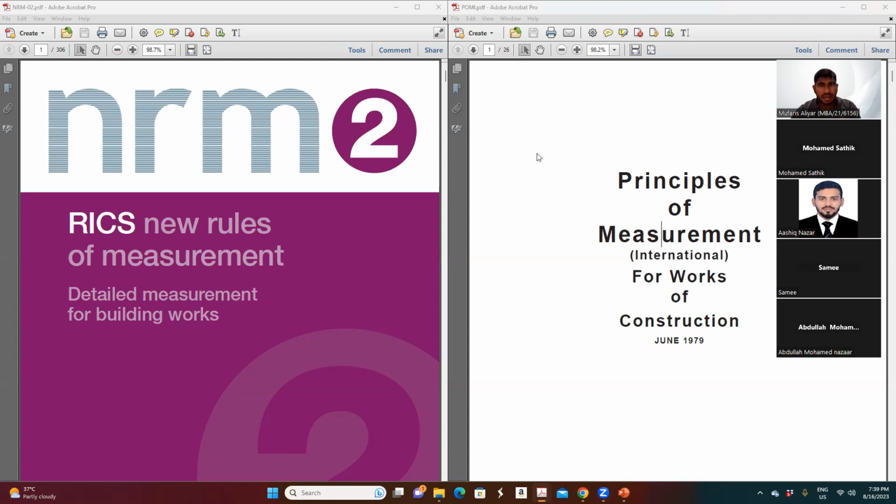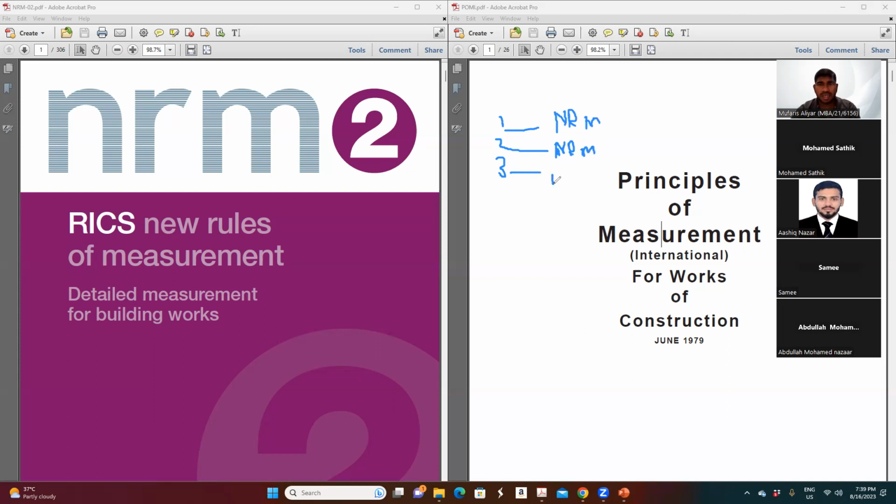Yeah, okay. So first, I need to understand from you guys. I already informed, I told you all about the NRM 1, 2, 3. So I think if anyone remembers why we are using NRM 1, 2, 3, what is the purpose of this NRM 1, 2, 3?